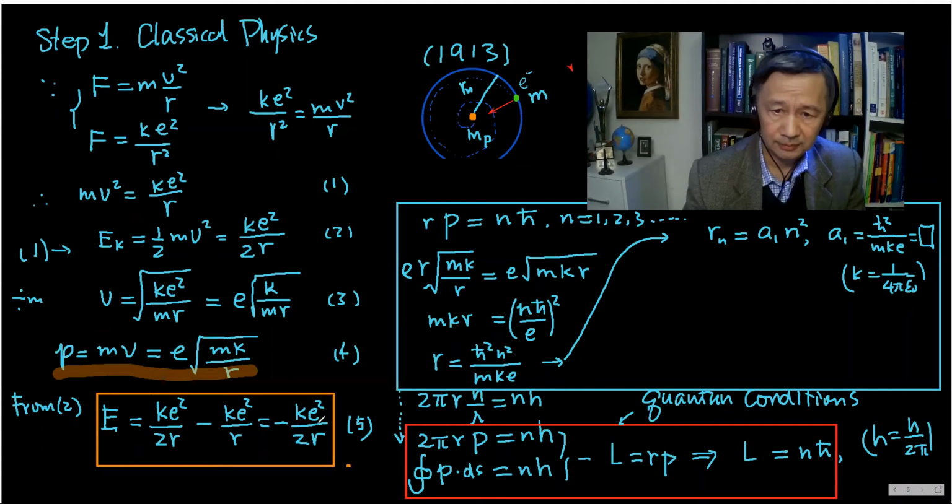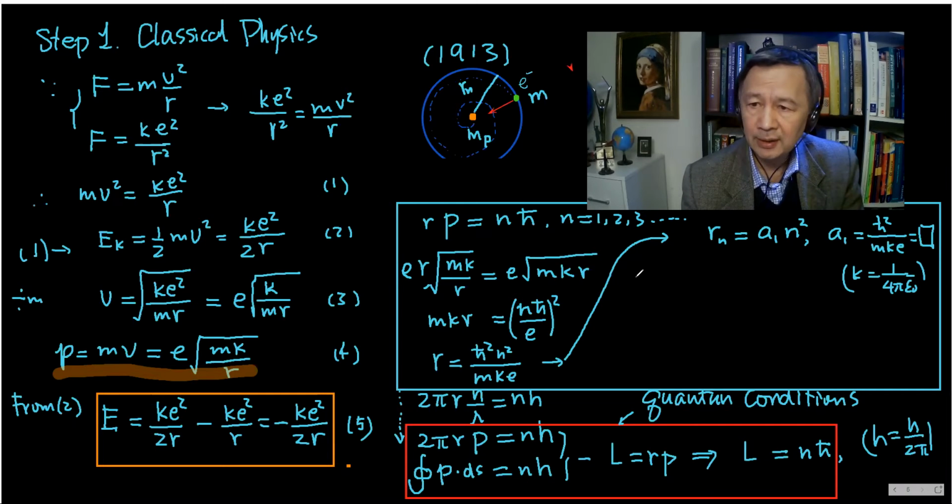Because we know the R here, what we can do is write the energy for the hydrogen atom, E n, which is negative, by the way. So we get k e squared divided by 2R. We just multiply the formula, and we can go to 2 a1 multiplied by n squared.